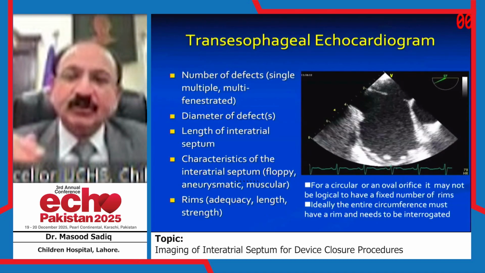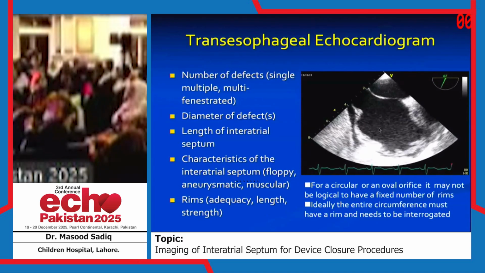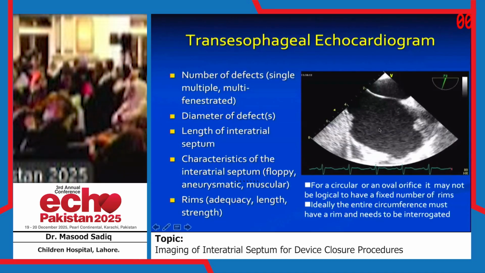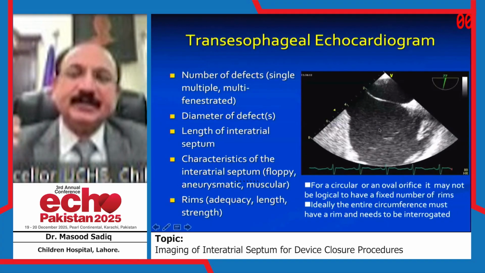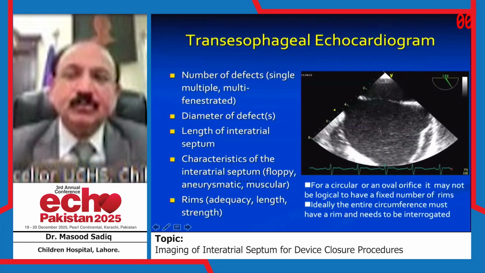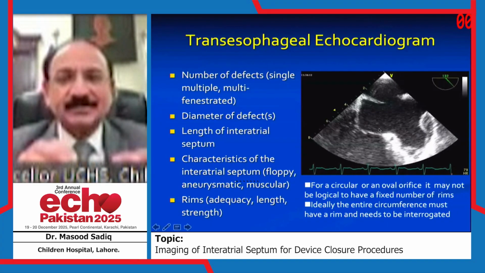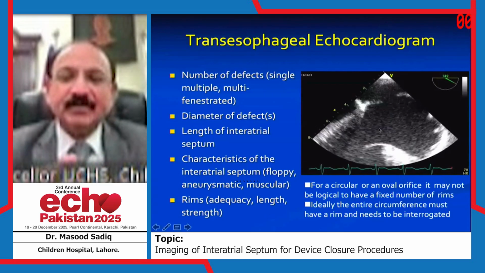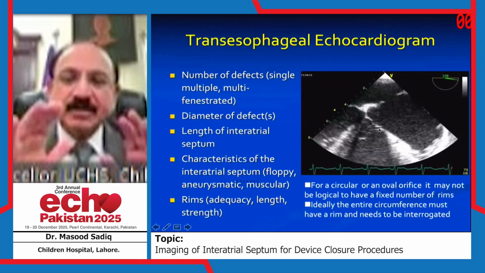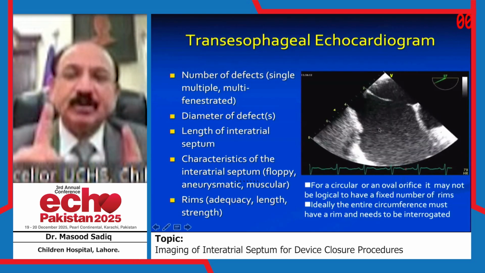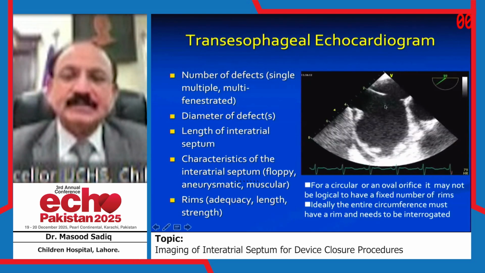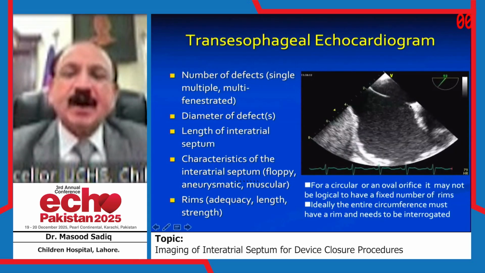As you would see on your right in this running movie, I'm going from 0 all the way to 180 degrees. Although we divide them into short axis, long axis, bicaval views, I think any good echocardiographer will go through the whole lot, because you need to make sure that you are seeing these margins in all positions.